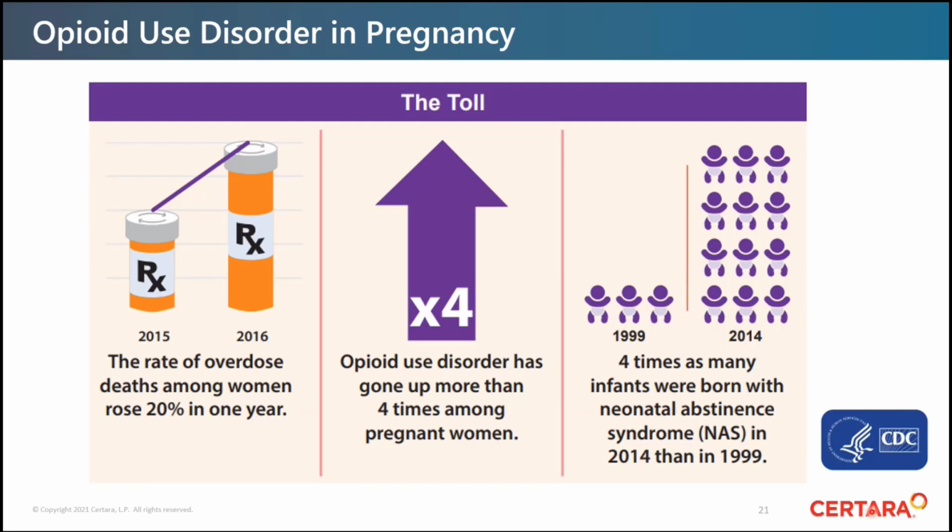Opioid use disorder diagnosis has gone up more than 4 times among pregnant women, and there were 4 times as many infants born with neonatal abstinence syndrome in 2014 than in 1999. So it's a major issue in pregnancy, and has some long-lasting effects on the neonate.